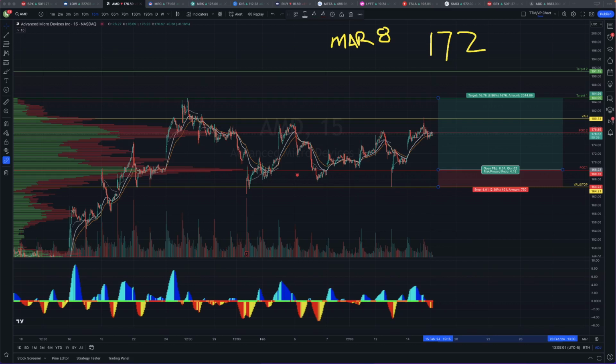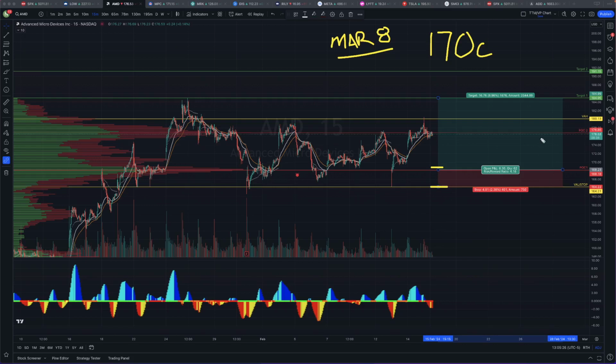So let me erase this. See if I can do that. Yeah, perfect. So then I'm going to buy the 170 calls, March 8th. That would be my trade plan. So when this comes into here, that's my buy. My stop is below this level, right?